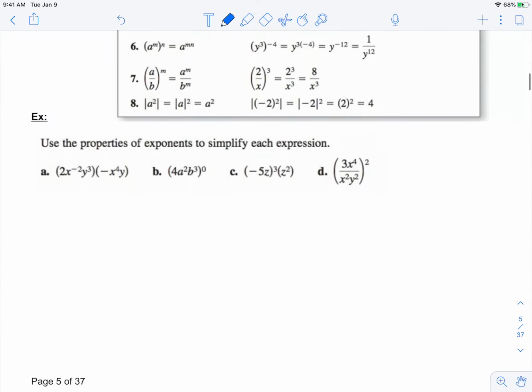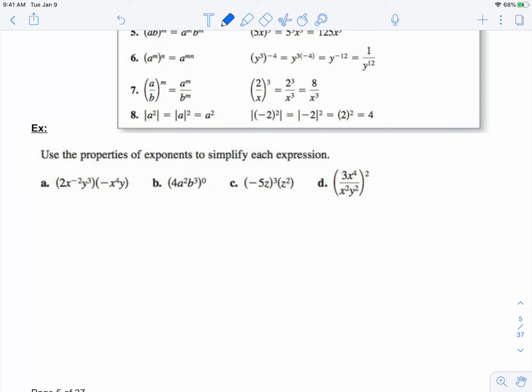So let's try these quick examples here. Use the properties of exponents to simplify each expression. So if I'm looking at part A here, the first thing I'm going to do is multiply my coefficients. 2 times a negative makes -2.